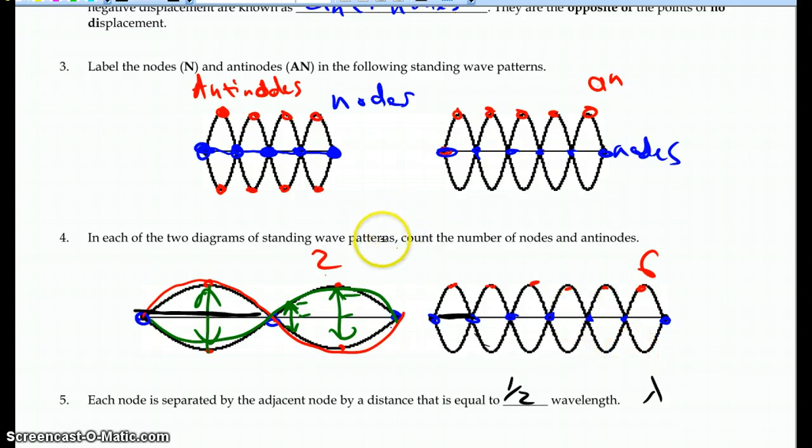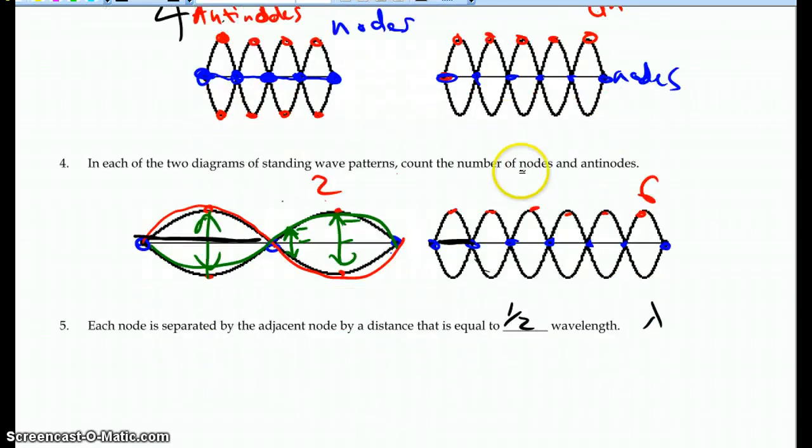So if you're trying to determine the overall wavelength of a standing wave, it's going to essentially be double the length between nodes. Be careful about counting antinodes. You don't count the antinodes twice. The antinode is either the up part or the down part. There's not 1, 2, 3, 4, 5, 6, 7, 8 antinodes here. There's 4 antinodes, up and down sections. Okay, so we're going to use that idea to start looking at different harmonics and calculate the wavelengths, etc., as we go ahead.